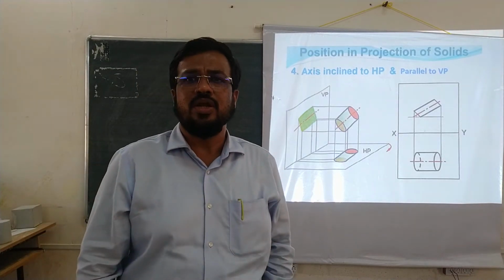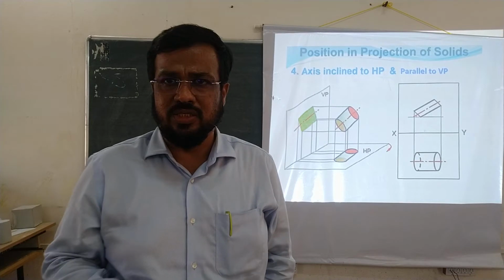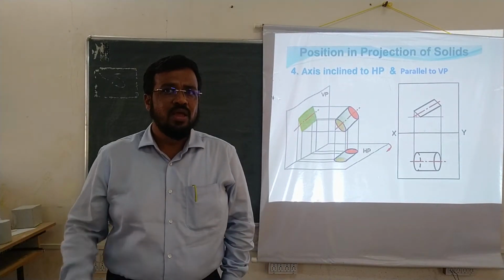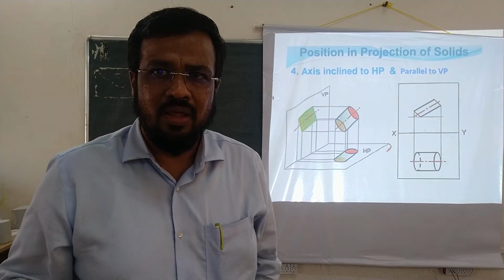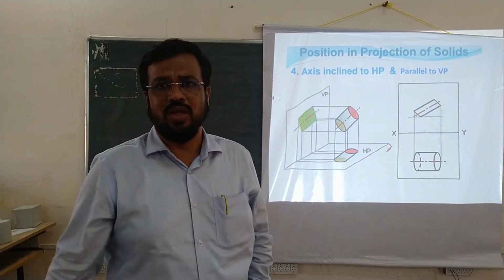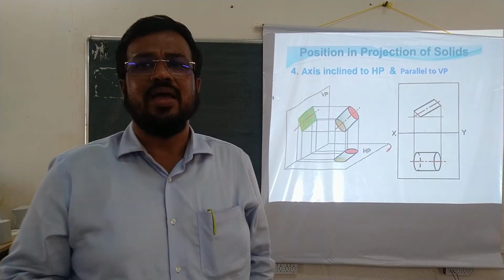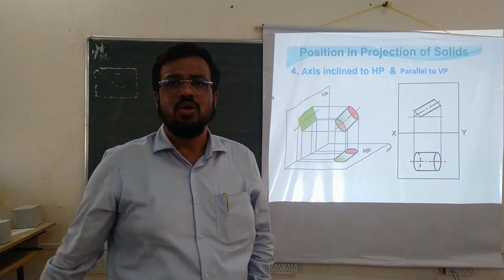The first condition was the axis of solid is perpendicular to HP and parallel to VP. See, in every case we are going to define the position of solid on the basis of the axis only. So the position of solid is nomenclated by the axis position. This is the important thing that you have to remember.